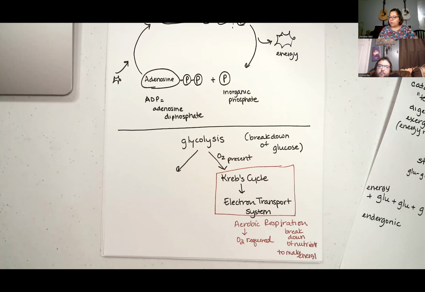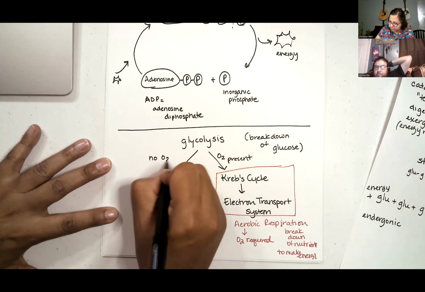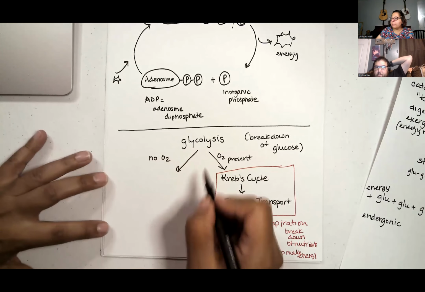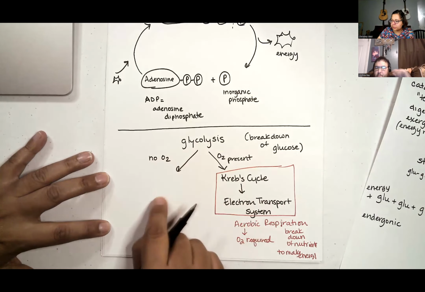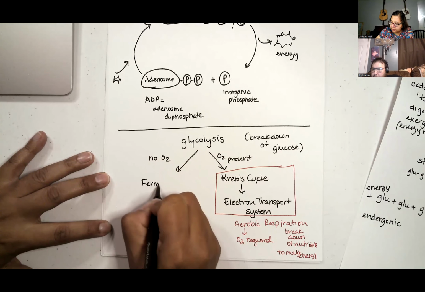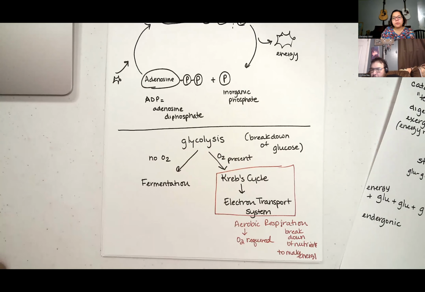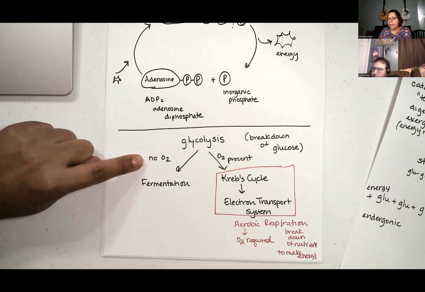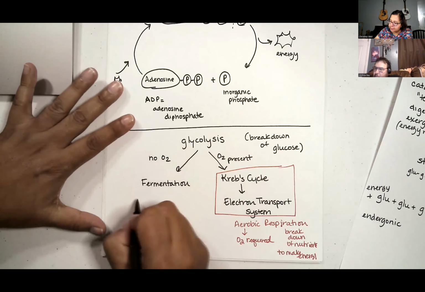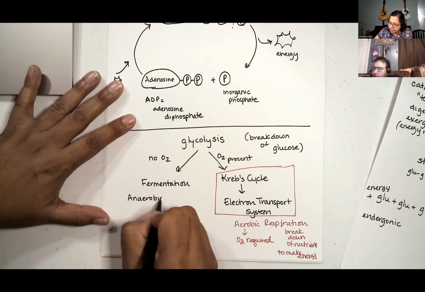Well, what happens if oxygen is not available? So no oxygen. Then we have an alternate set of chemical reactions. Instead of doing this, we undergo fermentation. Because fermentation happens in the absence of oxygen, sometimes it's referred to as anaerobic respiration.